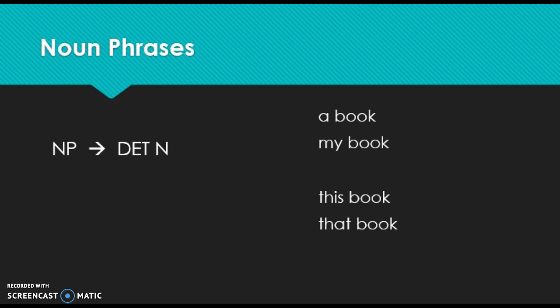But we also have noun phrases of the type this book and that book. And these are called demonstratives. So the demonstrative is a third type of determiner.